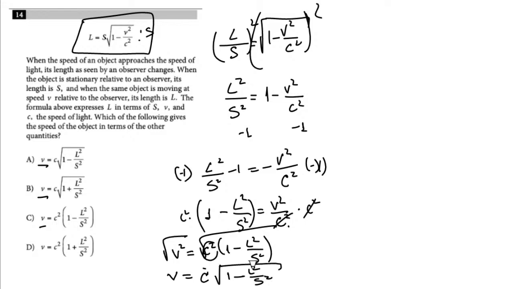So for us the answer is A: V equals C times the square root of 1 minus L squared over S squared. If you have any questions for this particular one, feel free to write or comment them. If not, we continue.